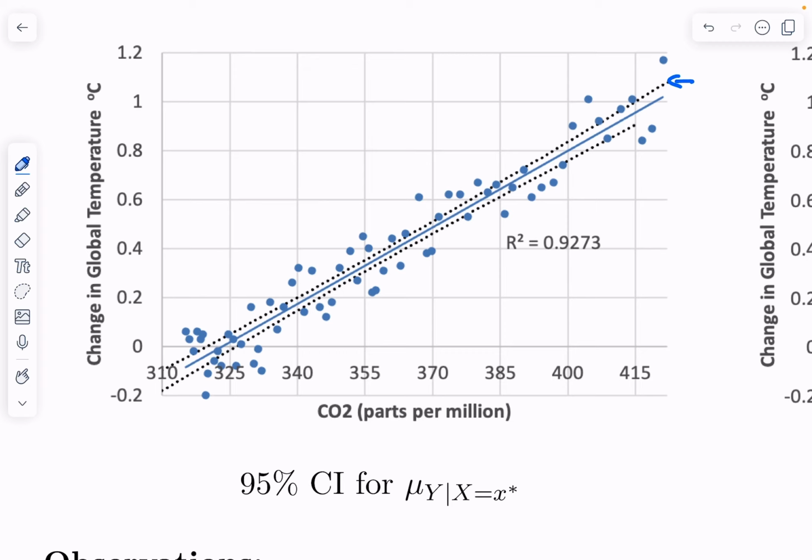These dotted lines represent the 95% confidence interval. And of course, most of the data points won't lie within those two dotted lines because this is not an interval that's telling us about the spread in the data. This is an interval that's telling us about the spread in the sample means.